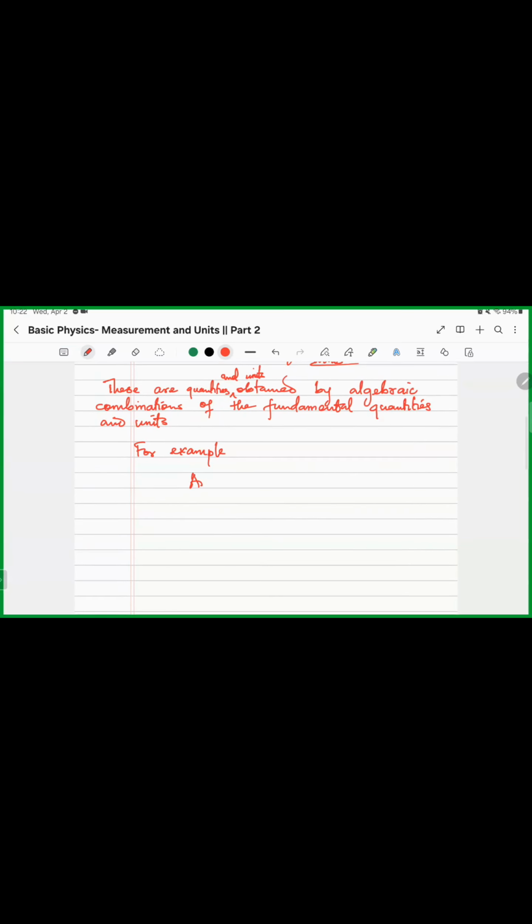So for example, our regular area of a square is obtained by a combination of length times length, which is length square. So the algebraic combination here is multiplication. In volume, let's say volume of a cuboid, it's length times breadth times the height.